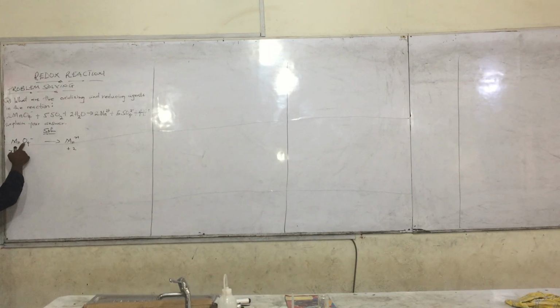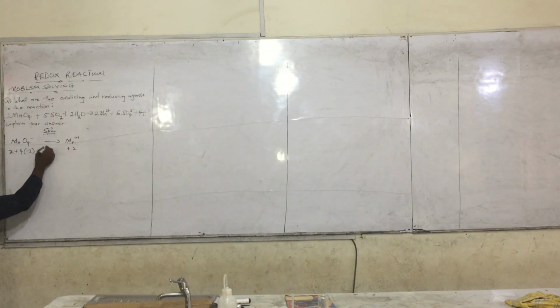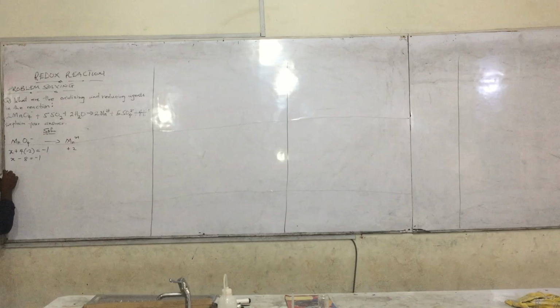Plus oxygen over here, and oxygen is 4, each being minus 2. So we have 4 times minus 2. Oxygen is minus 2, and the overall charge is minus 1. Therefore, we have X minus 8 is equal to negative 1. So we have X is equal to 8 minus 1.